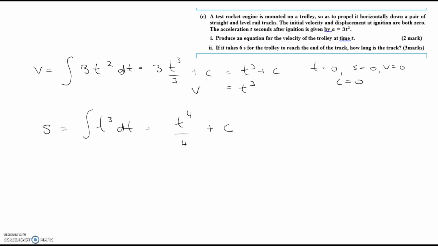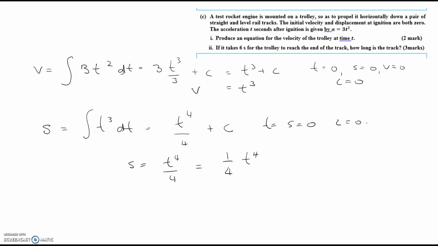But again, when t is 0, s is equal to 0, so c is equal to 0, so s equals t to the 4th over 4. And the question says, what is the distance when it gets to the end?